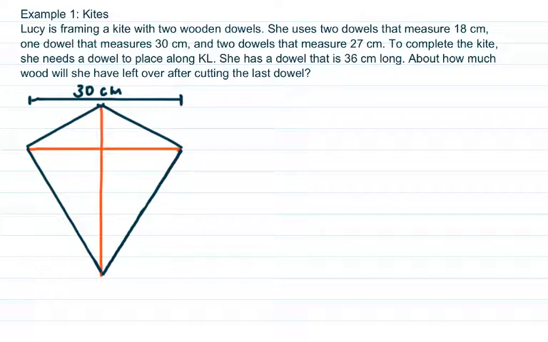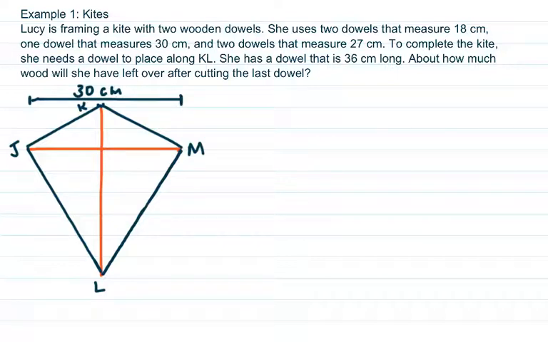Okay, so let's go back through each step. So I have a kite. I'm going to label it. This part is K. At the top, J, L, and then M. First they tell me about the part that is 18 centimeters.